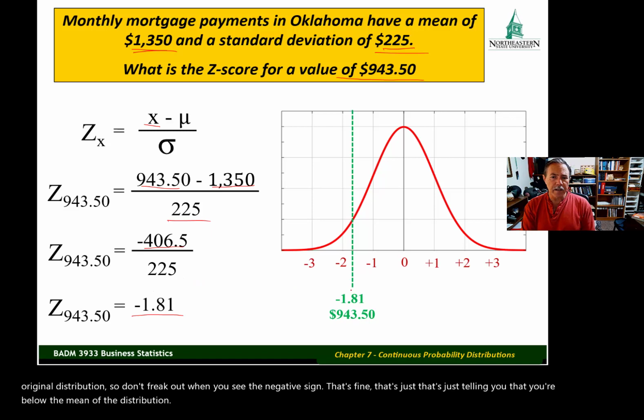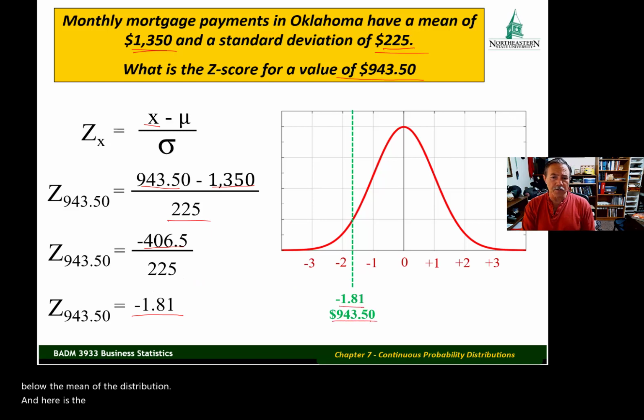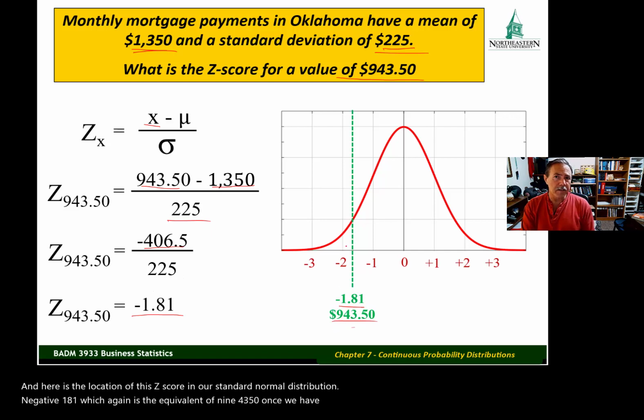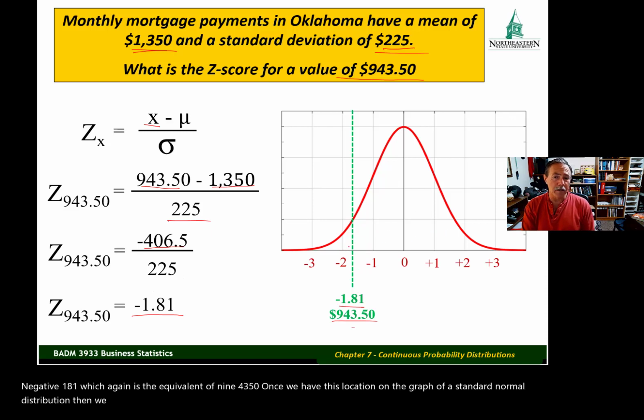And here is the location of this z-score in our standard normal distribution. Negative 1.81, which again is the equivalent of 943.50. Once we have this location on the graph of a standard normal distribution, then we can calculate various probabilities from this location.